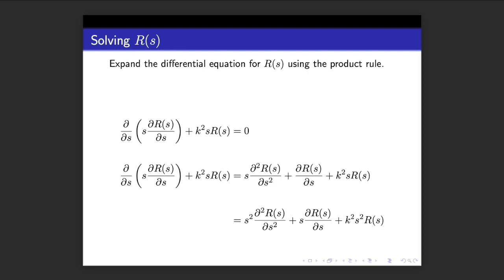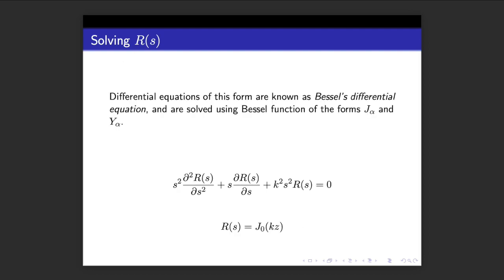We can split up our s portion by splitting up our R of s here and our R of s here, and we get this form here. It just so happens that this equation is actually a differential equation with a solution in the form of something known as a Bessel function.